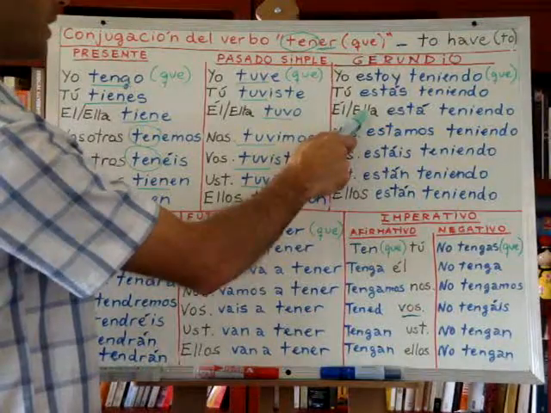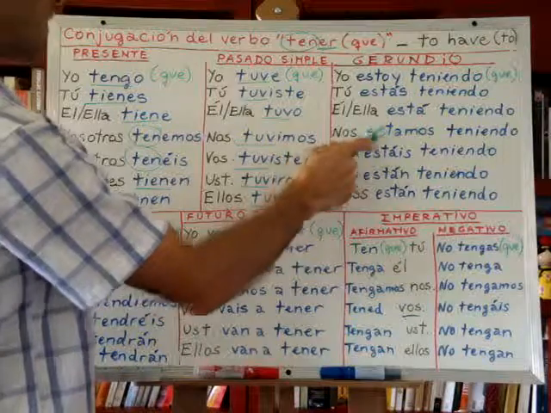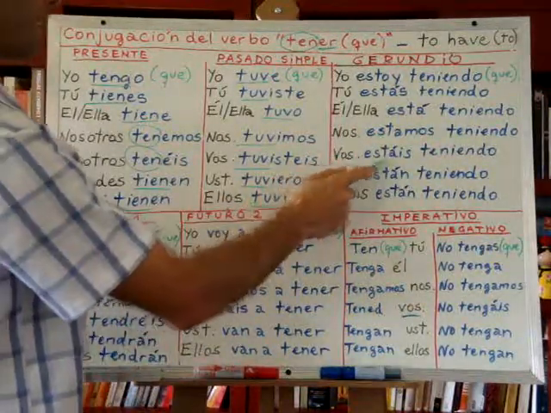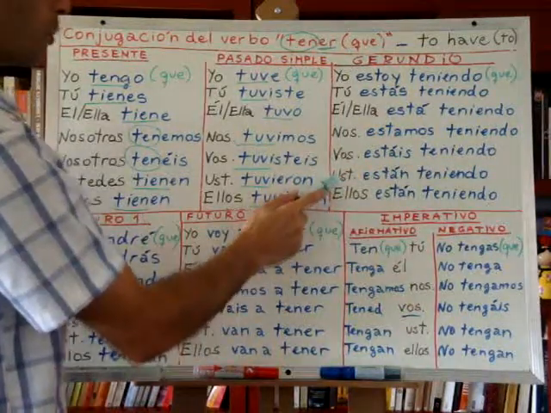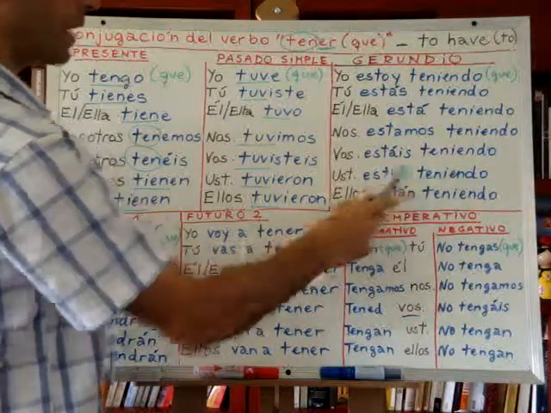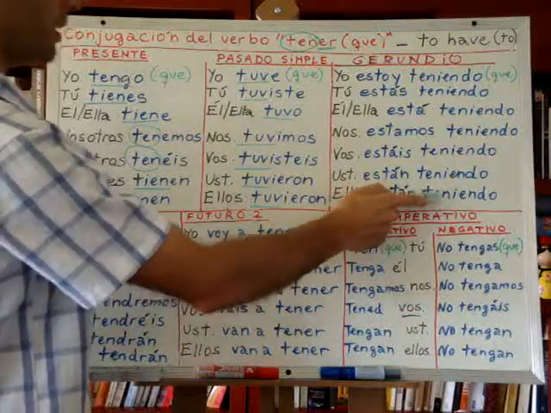Él, or ella, está teniendo. Nosotros estamos teniendo. Vosotros estáis teniendo. Ustedes están teniendo. And ellos están teniendo.